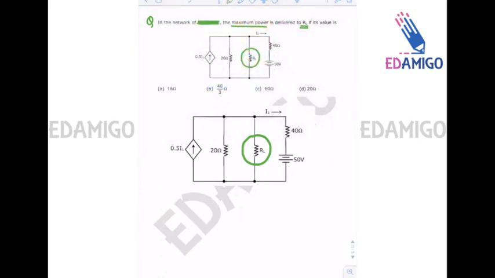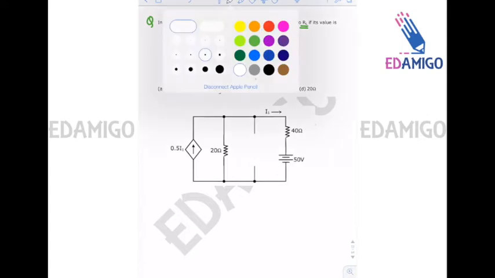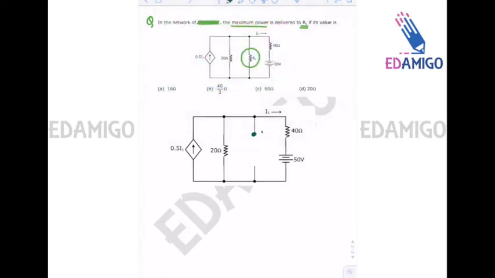So for this, we will first of all remove the resistance and mark terminals A and B across the open circuit that is being created.